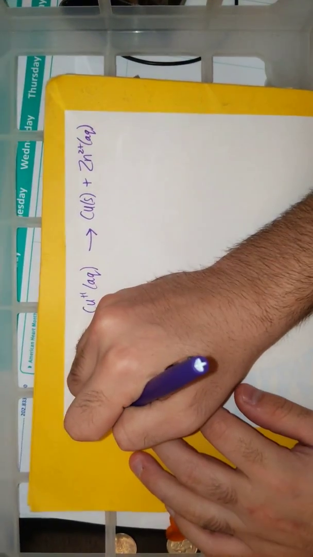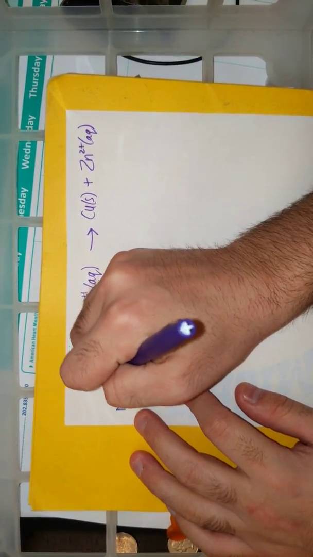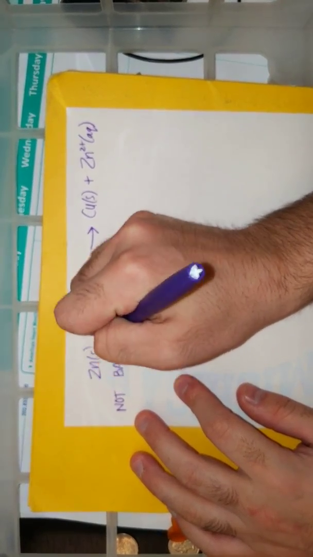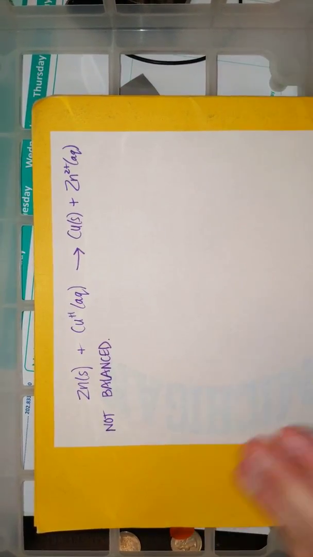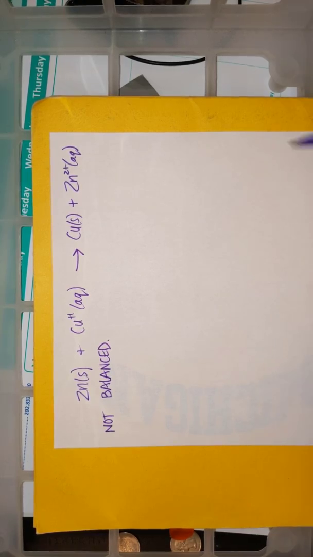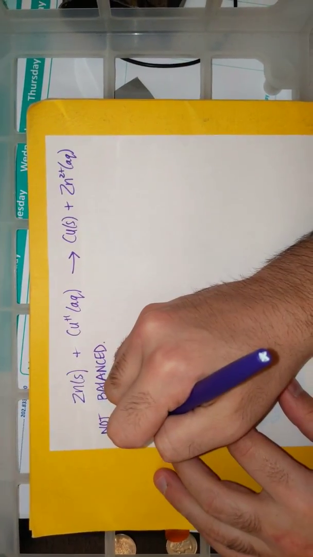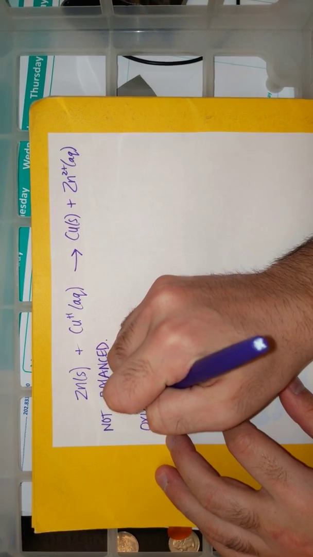And I'm going to say that this is not balanced. If you want, we could do a Dora the Explorer and you could pause the video. And what I'm going to say is identify the oxidation half reaction.